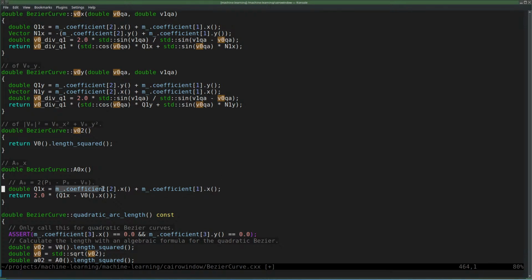So this is something minus V0. Q1x is a constant anyway. So I have to treat it as a constant when I take a derivative. And here I explicitly write V0, even though it's also m coefficients 0 dot x. So I know that if I take the derivative, then this is my variable.